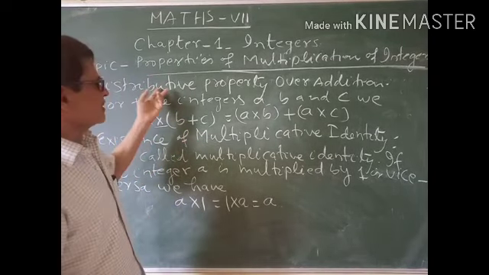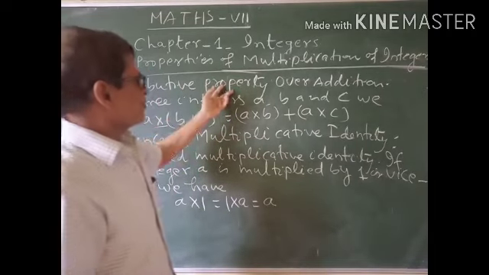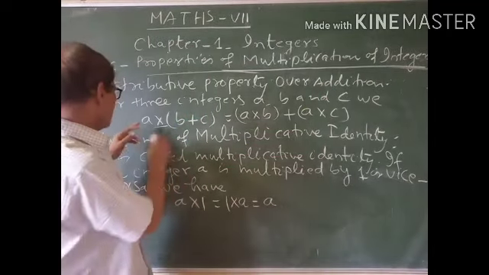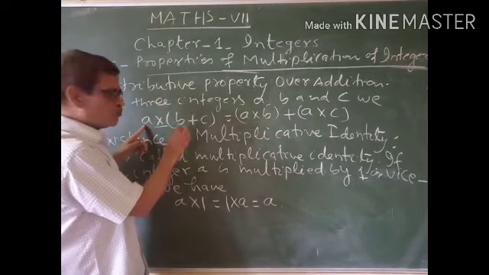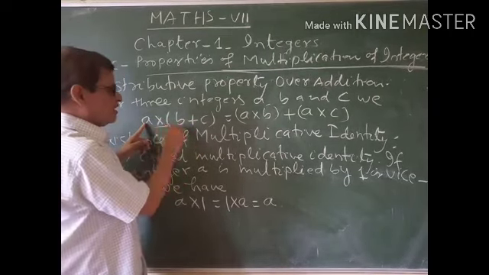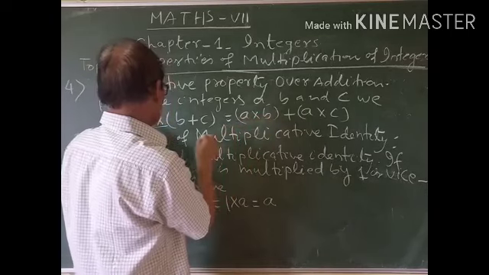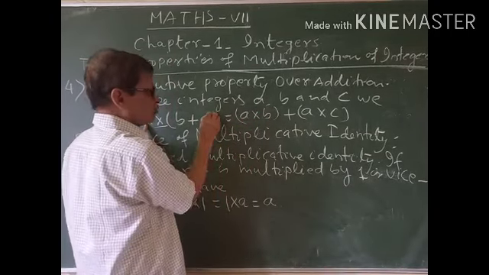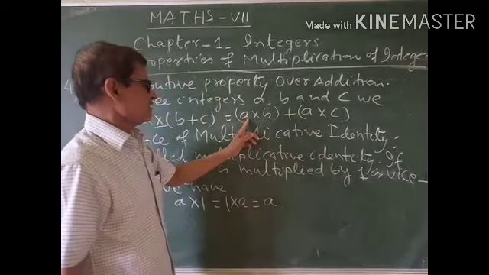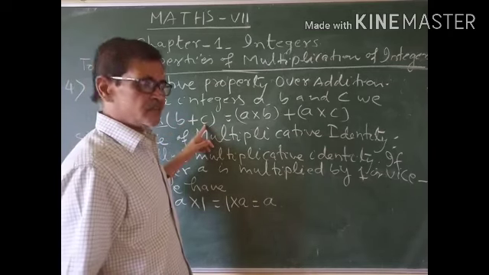So this property has got this name, distributive property over addition. ये जो है a is distributed to both b and c both. So if we multiply a into b, this becomes a into b, and this a is also multiplied by c. Means here a is distributed both b and c.